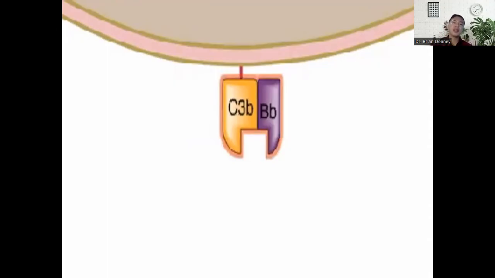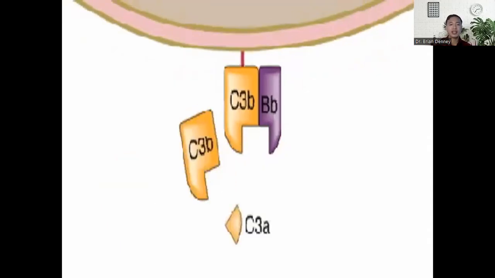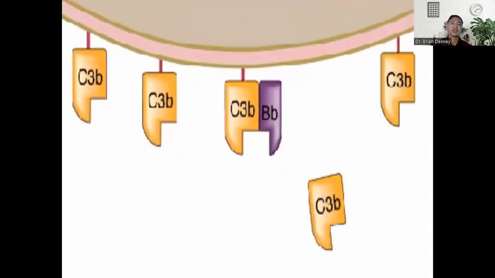Now your C3bBbP targets what complement protein? C3, because it is still a C3 convertase, just stabilized compared to the previous one. So it targets more C3, and more C3 are cleaved.